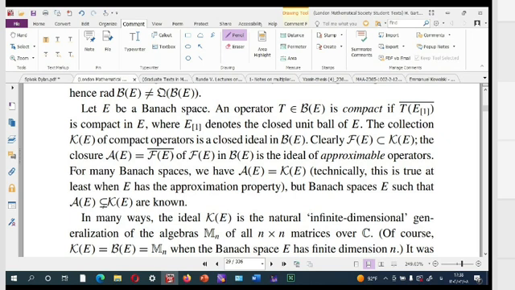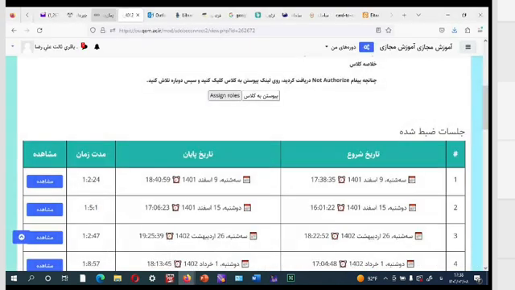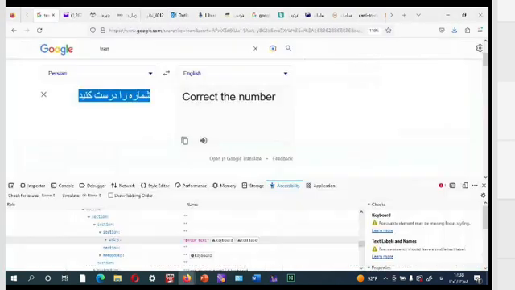The collection K of E of compact operators is closed, and this, look, let me write this for you.